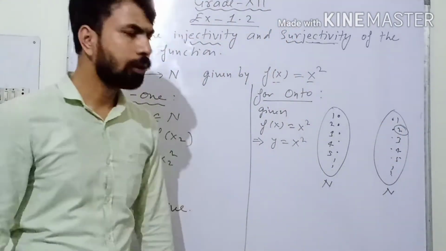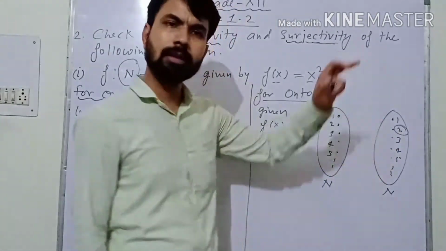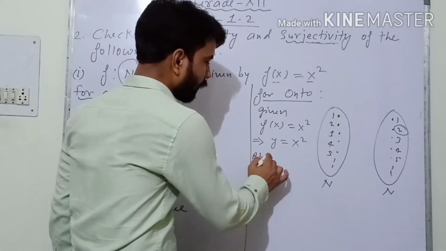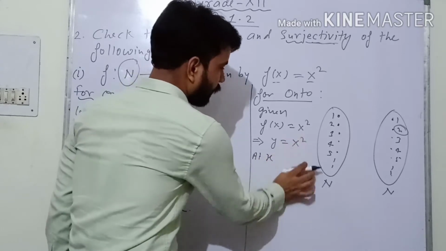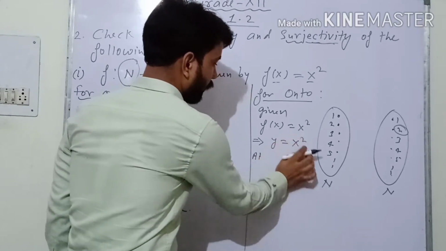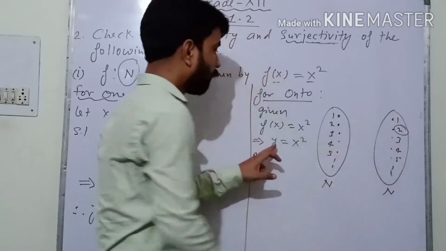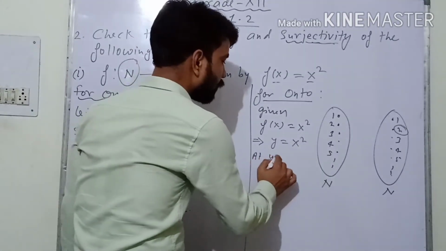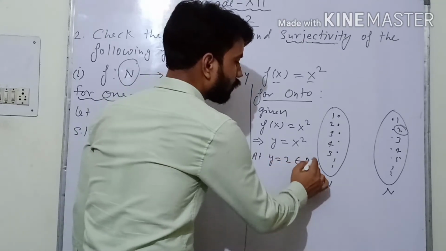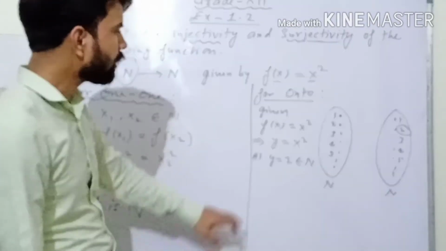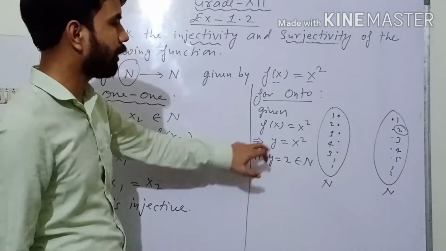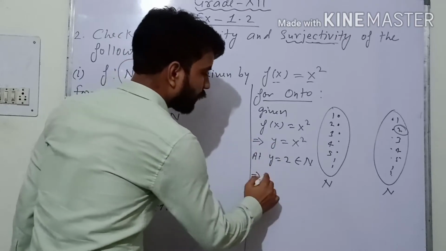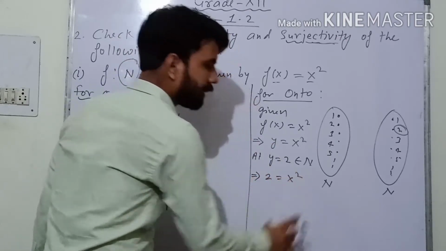I took one element; you can take 2, 3, 5, anything. Y belongs to the codomain, so I am taking y equals 2 belonging to its codomain N. Now substitute this value of y in the equation. In place of y I can put 2. So 2 equals x square.